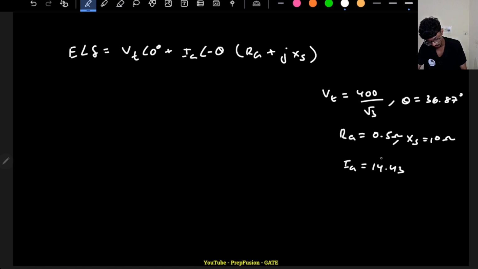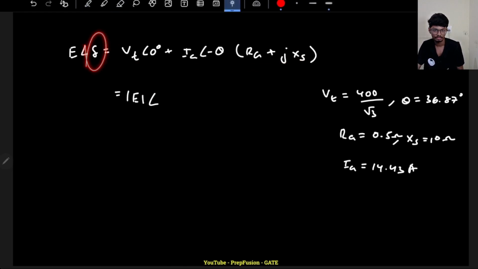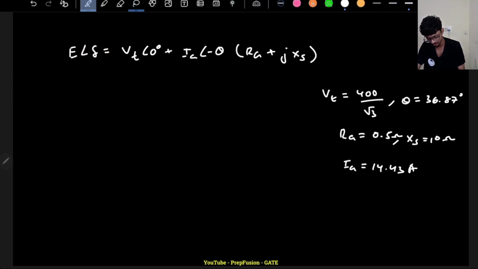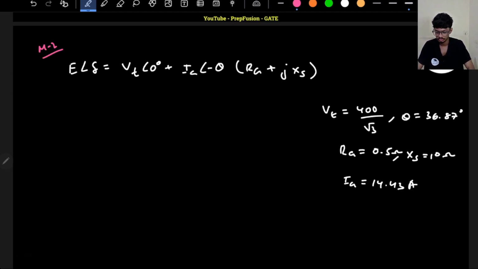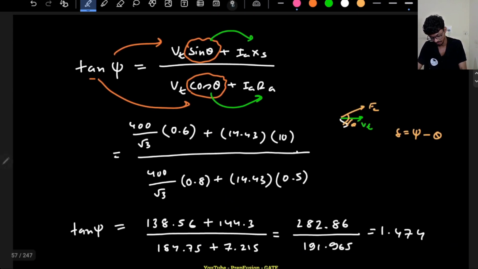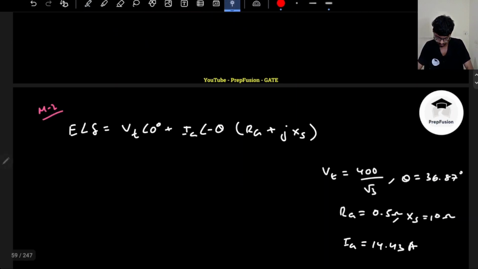All these values you put in here, and if you solve this equation, you will get a magnitude of E and an angle, and that angle will be your power angle or delta. I hope you have understood method 2. Method 2 uses the basic standard equation, but it is time consuming, so that's why we remember this formula to save our time.